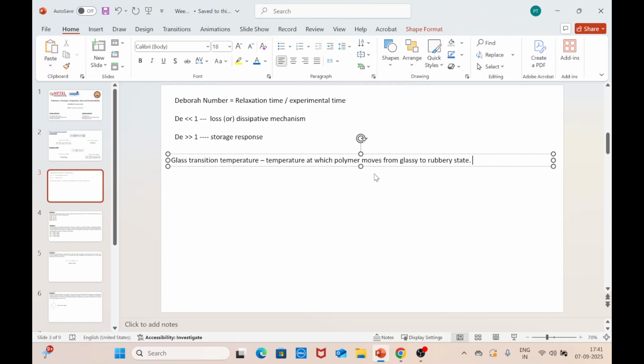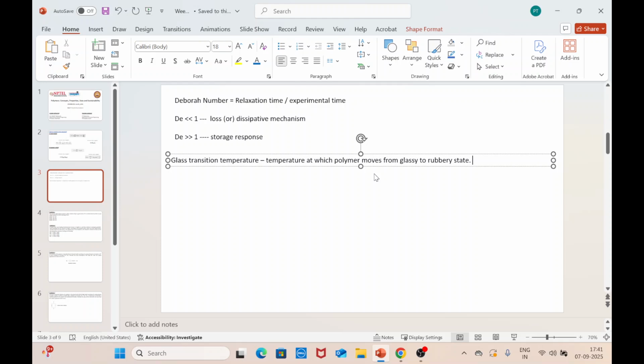Is it okay, or will there be any other kind of behavior of the polymer at temperatures higher than the glass transition? If the modulus is decreased, why is it so? I'm saying that the modulus decreases in the rubbery state, but the question is, why does the modulus decrease?